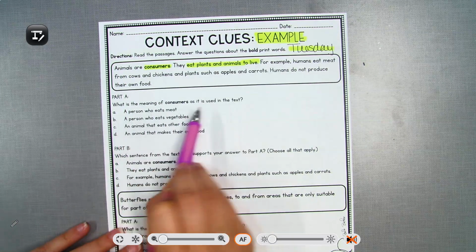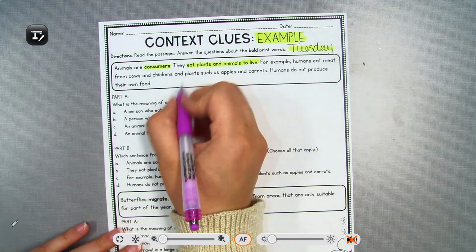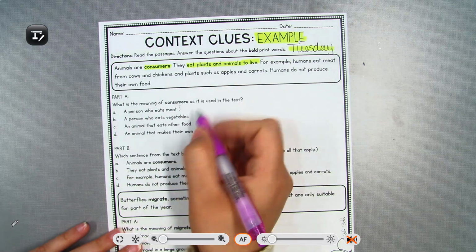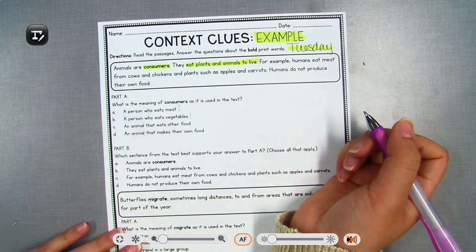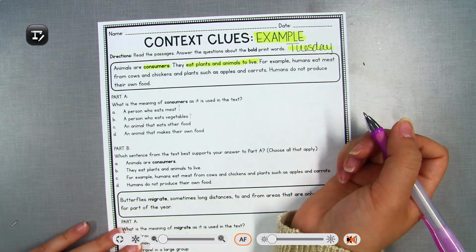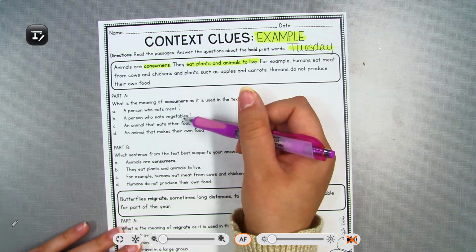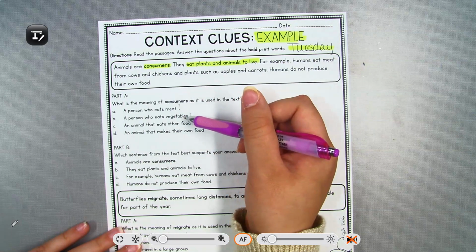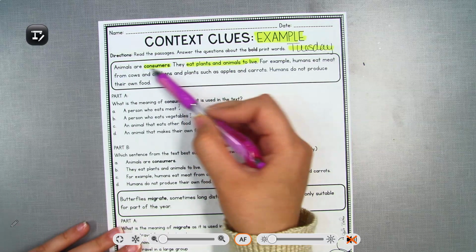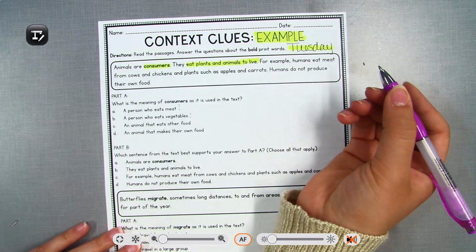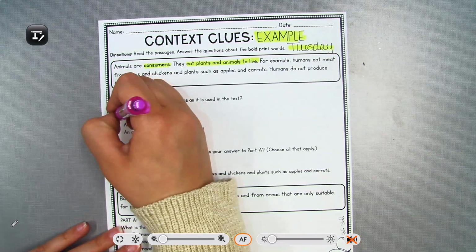A person who eats meat? Yes. A person who eats vegetables? Maybe. A person who eats other foods? Oh, an animal that eats other foods? So we're talking about animals are consumers. So let me talk about that again. We're not really talking about people.